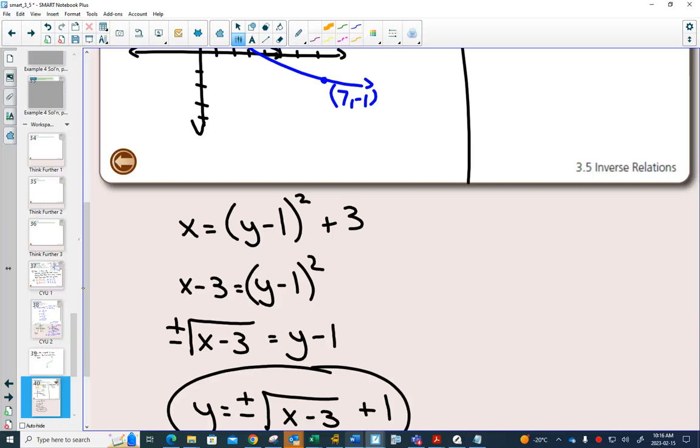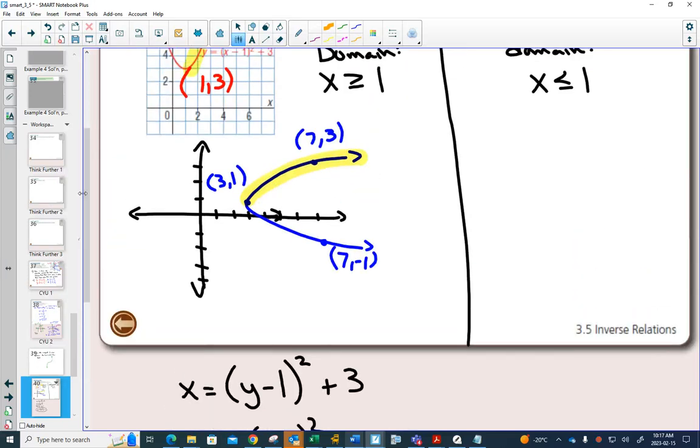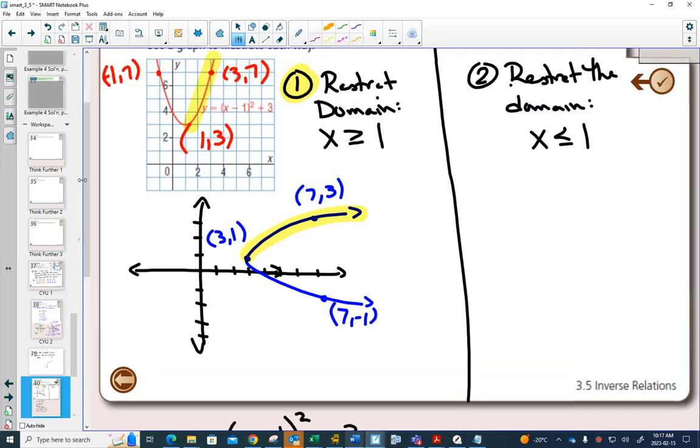The minus out front, can you see that that would be a vertical reflection? If I took a square root graph and I did a vertical reflection, can you see that it would now be going down? The part that we highlighted is not going down. So the equation for this one will be y equals positive square root of x minus 3, plus 1.